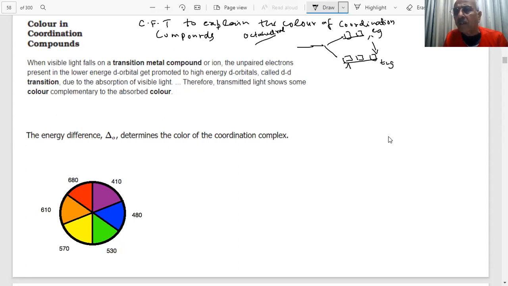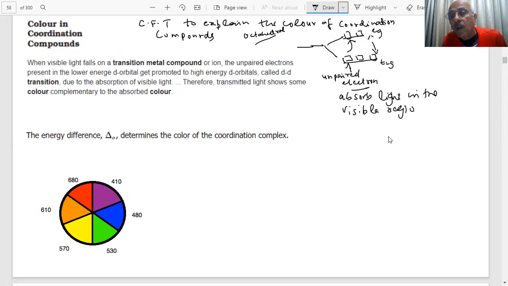If there is an unpaired electron, it will absorb light and get excited. It can absorb light in the visible region.